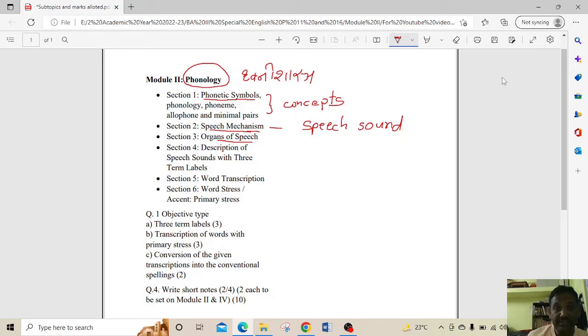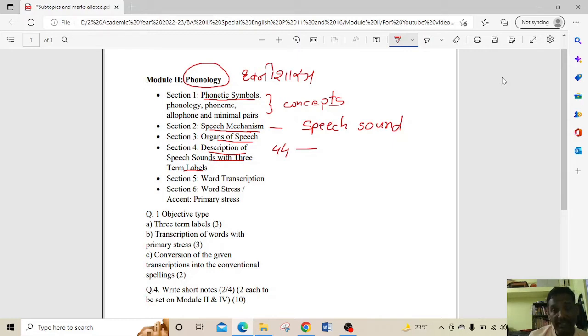Then you have description of speech sounds with 3 term labels. We classify these sounds. For example, in English we have 44 sounds. We classify these 44 sounds in different groups.